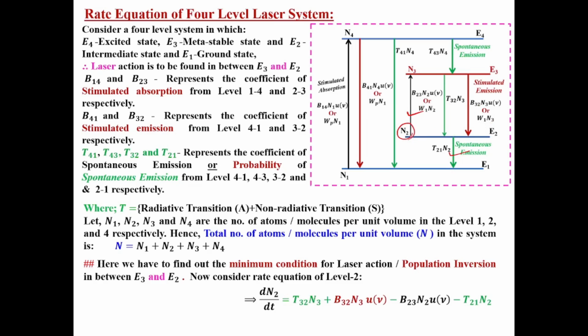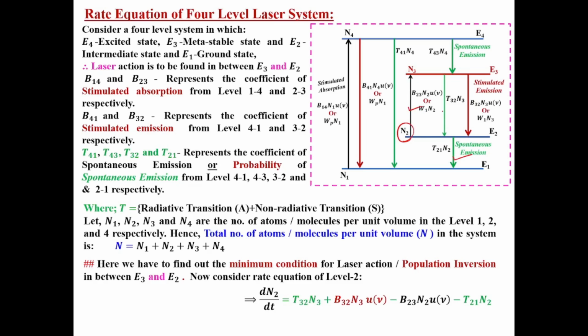N2 moves from this level to the upper level by this transition, and atoms or molecules transit to the ground state by this transition. Hence N2 will decrease by these two transitions.